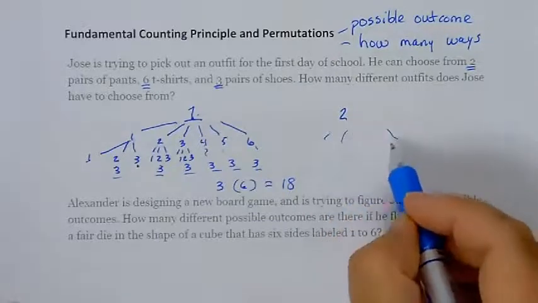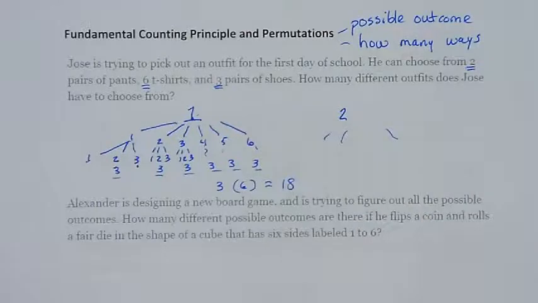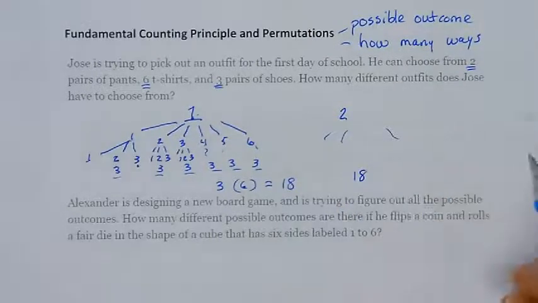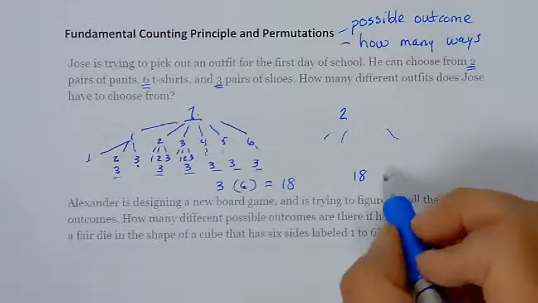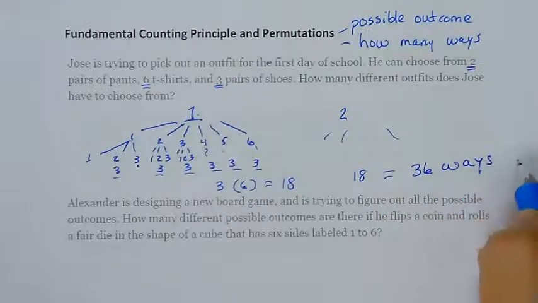He's going to have the same thing happening with pants style number 2. So with pants style number 2, he would have 18 choices. So total ways that this could happen is 36 ways.